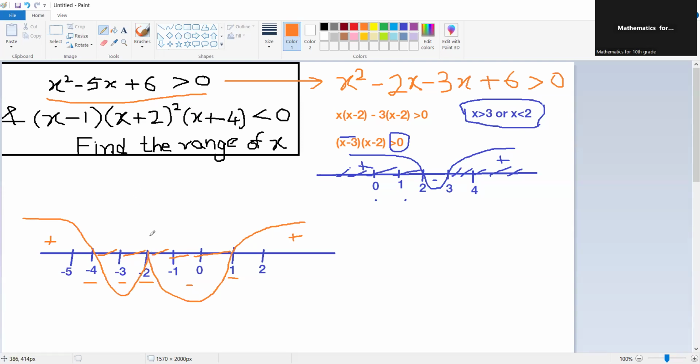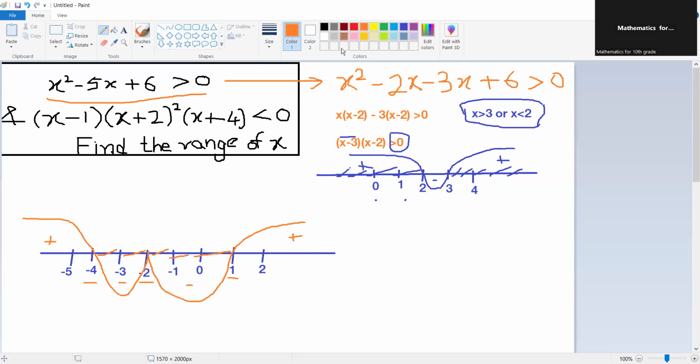If it were a cube, then again it would have gone up. Because it is a square, it bounces back and goes up for the next root, which is -4, because if we put -4, it becomes 0, and then goes up. And since it is less than 0, the range of interest is this, as I marked.